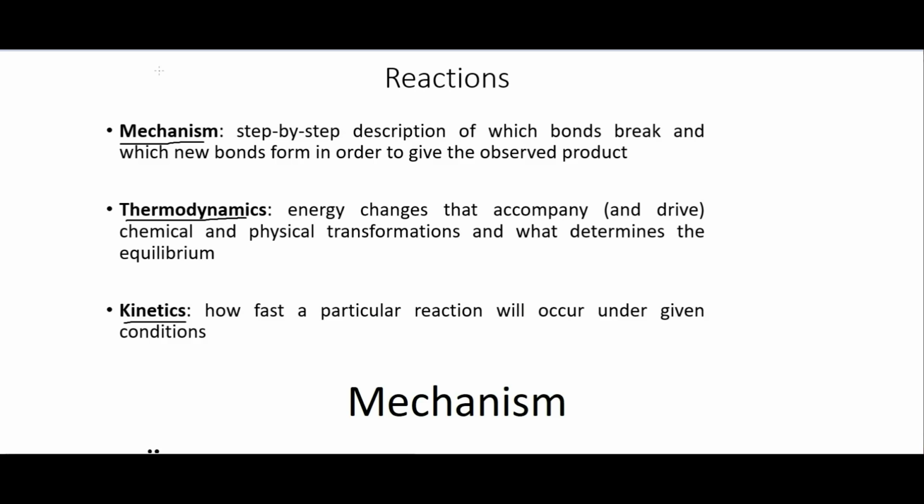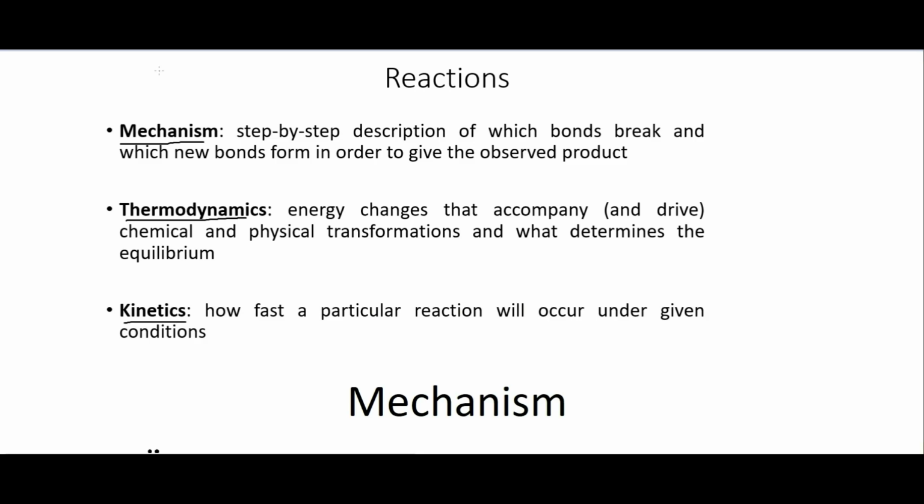To let my biochemist show through again, the mechanism is important in biochemistry because, for instance, if we're trying to make a medication, we want to know how to inhibit a certain reaction from occurring. Understanding the mechanism is important for things like that.